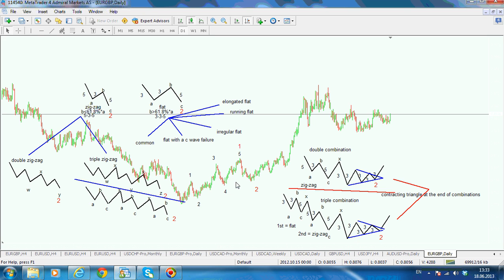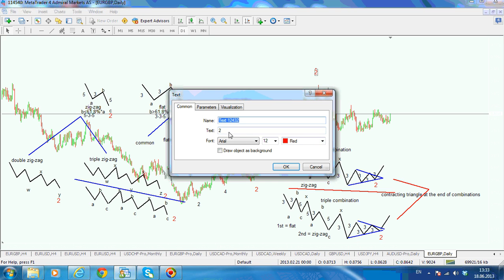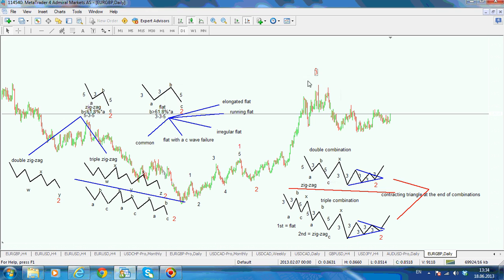But you might have a leading diagonal that ends a first wave here, then the second wave of this degree, and then to look for a third wave. So it is possible to have a third wave here. Okay, and if you take a Fibonacci expansion, you are seeing that this is extended more than 161.8.